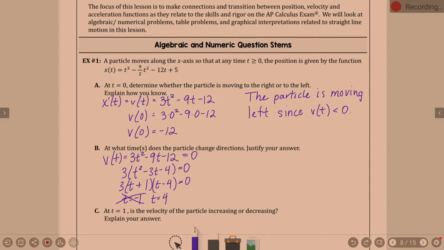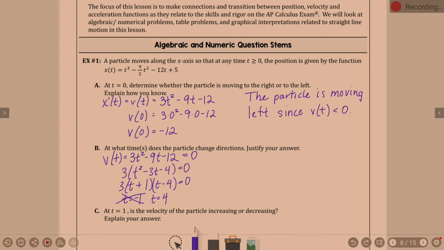Now, it does say to justify your answer. So we know that when velocity equals 0, that's when my particle is going to change directions. To justify it, an option would be to look and see what's going on either side of that time.